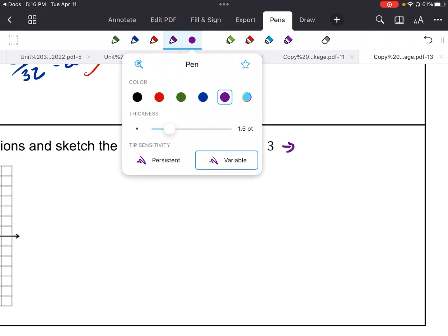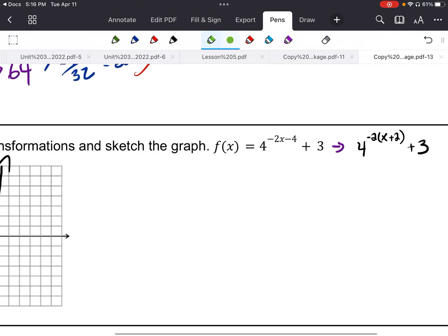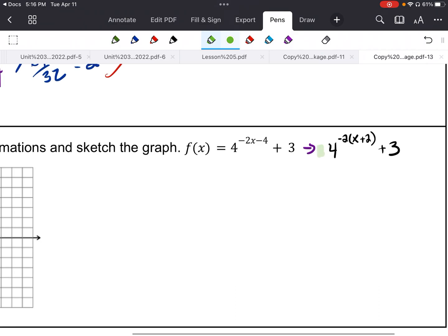Do it in black so we can write it out. So we actually have 4, we factor out the k value. Okay, so this is what we're working with. There is no a value. The base is 4. We have a k value of -2, a d value of 2, and a c value of 3.